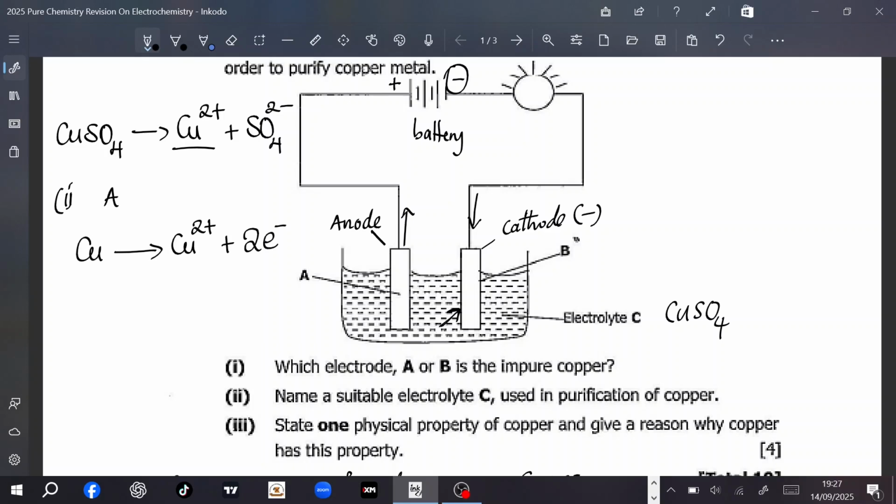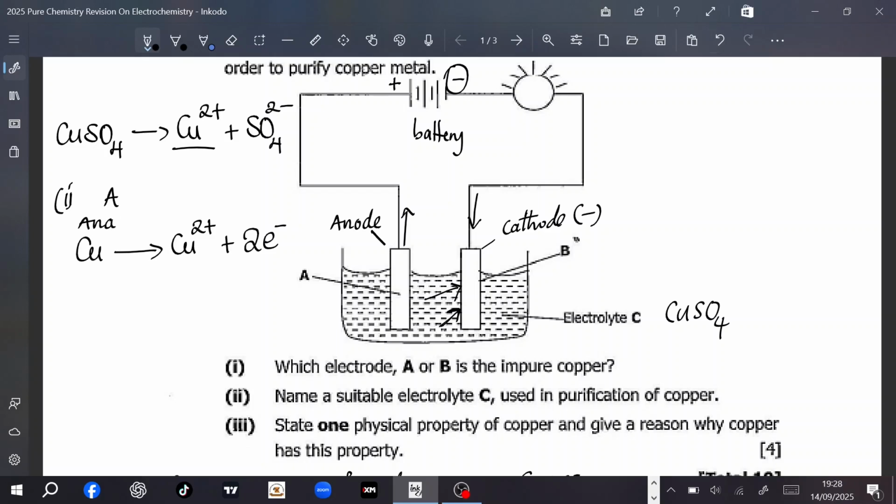At the anode, copper loses 2 electrons and dissolves as the ion in the solution, and these ions travel this side. The electrons will travel in the external circuit. When they reach the cathode, those electrons will join again with the copper ions to form the copper atom. What I've shown you here is the reaction at the anode.